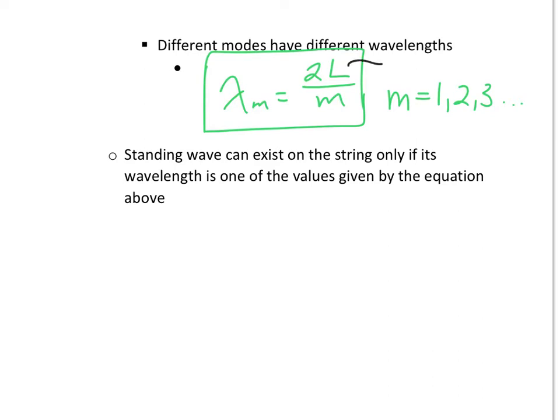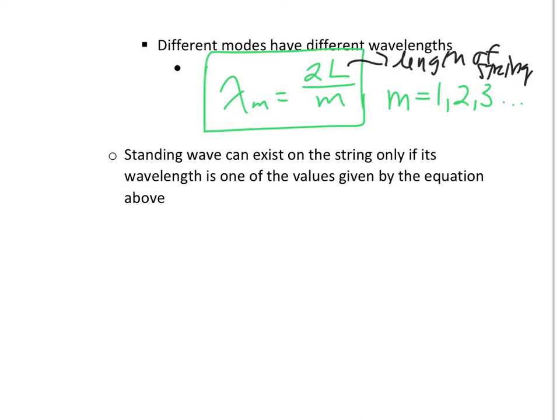Lambda is the wavelength, and L is the length of the string. So for M equals 1, lambda 1 would be just 2 times the length of the string. So that's telling you the length of the wave. And if you remember, the distance between the nodes is 1/2 a wave. So that makes sense, where 2 times the distance between would be the wavelength.